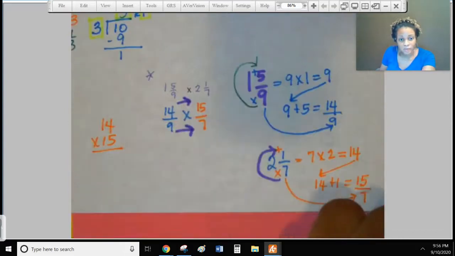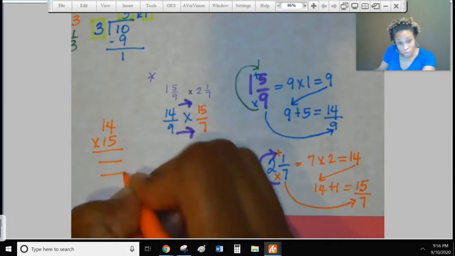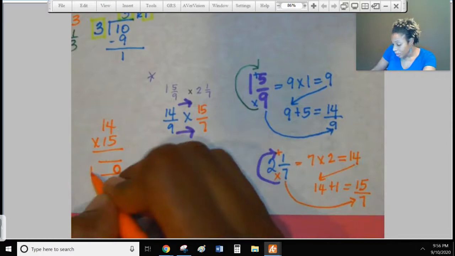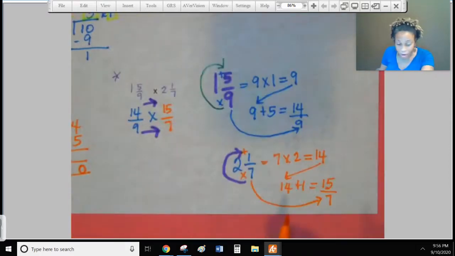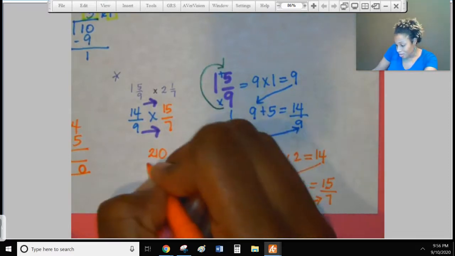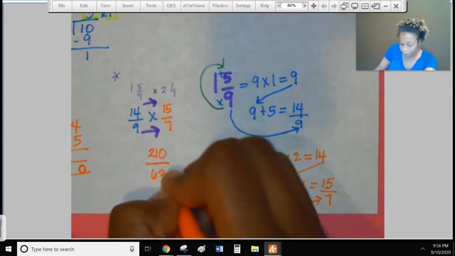Things to remember, if you have 2 numbers down here, you should have 2 lines that you need to add up. You would have a placeholder of a 0 here. When you multiply those together, hopefully you will get 210, and 9 times 7 will give us 63.